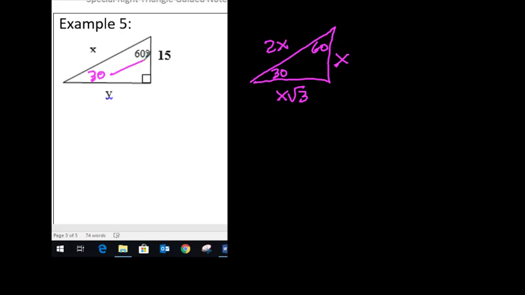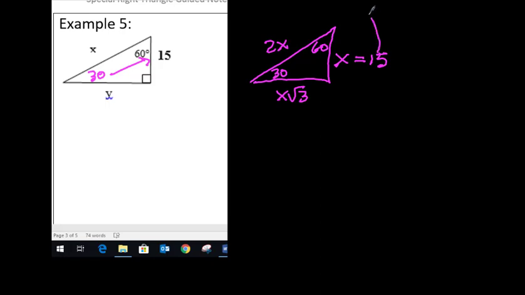All right, so example 5 here, look at our reference triangle. This is 2x, this is 30, this is 60. Across from the 60 is x square root 3, across from the 30 is x. So let's see which one we've been given. Well, look at that. We've been given the short leg, so I already know that x is 15.